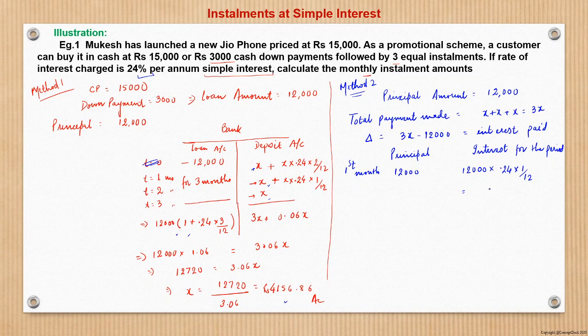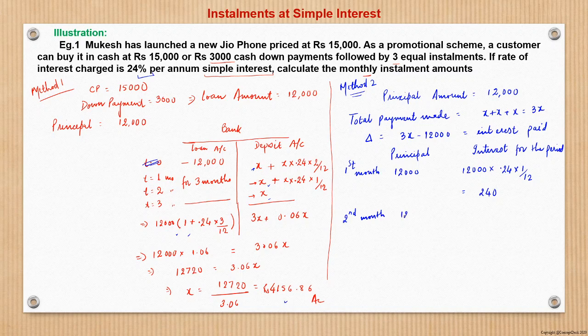We can solve this. This will be 12,000 into 0.02, and this is 240 rupees, right? 240 rupees. Then during the second month, what is the principal now?